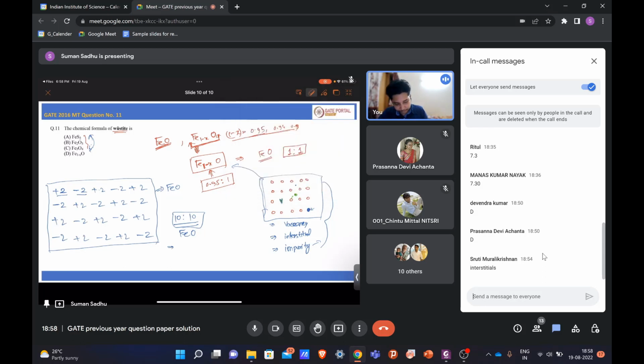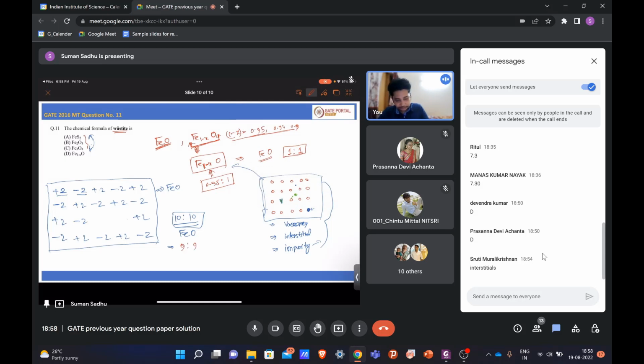If you remove one iron atom and one oxygen atom, the charge is also balanced because you have removed one plus 2 and one minus 2. So charge is neutral, and since you have removed both atoms, the stoichiometry is also maintained. Now it becomes 9 to 9.